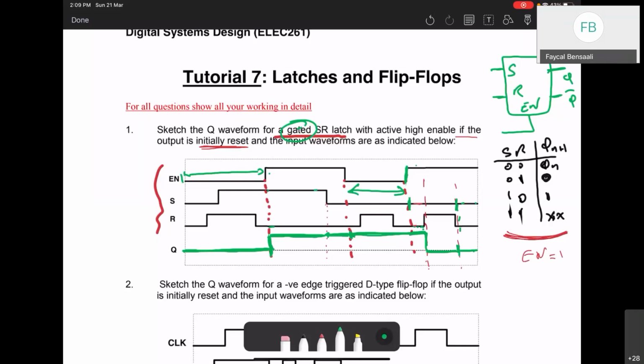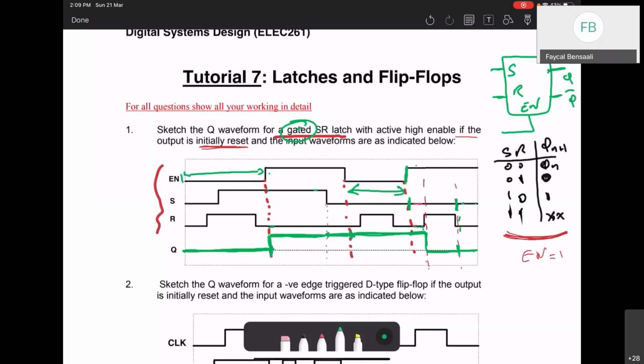So basically we need to observe, the most important one here is En, because En will really affect the output. If it's 0, the output will not change. We don't care about S and R. So the priority is for En. We check En first.